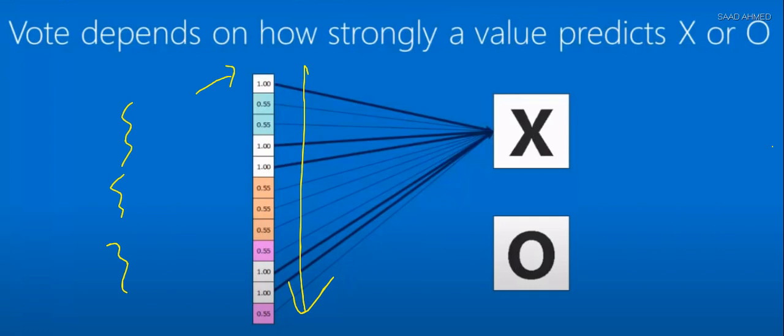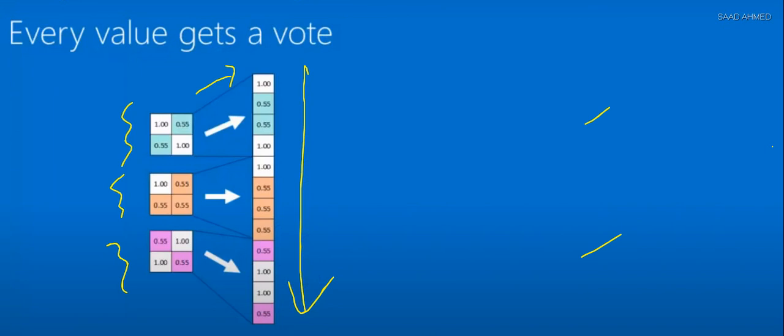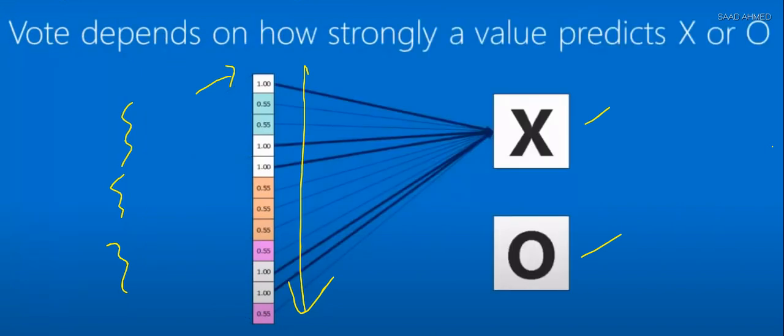Each of the values is connected to the answers, the classes, that is X and O. You can see here that all the cells are connected to X, or you can call them votes.